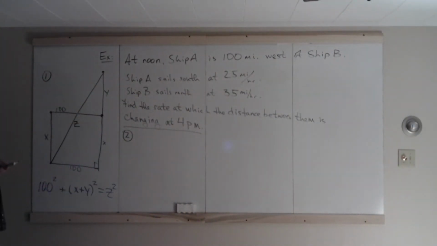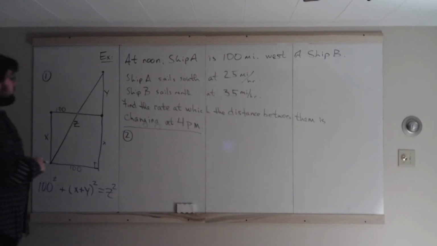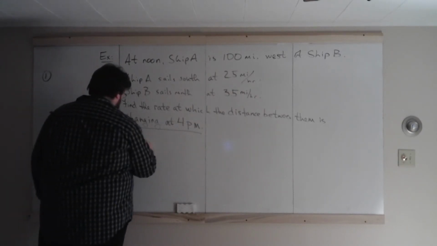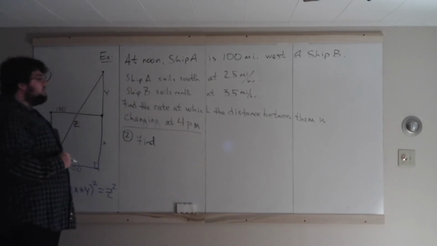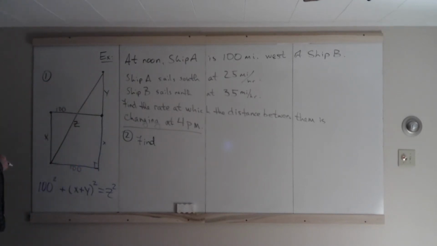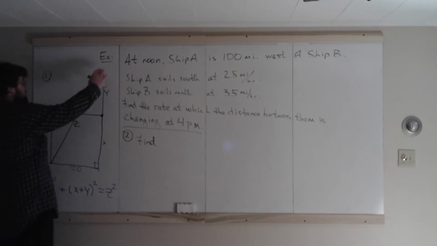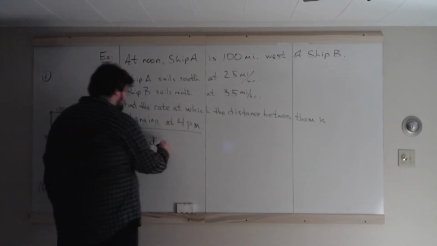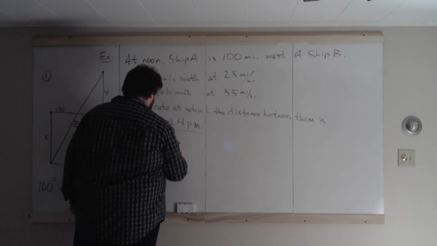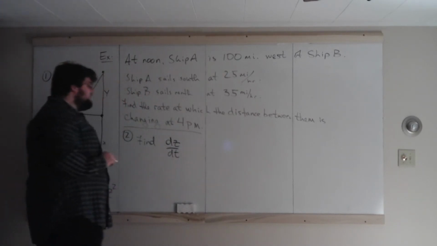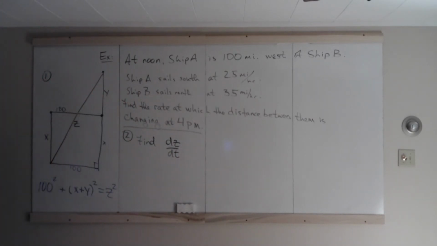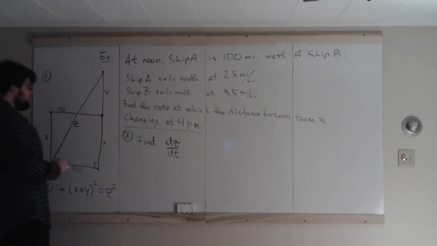Next, translate the question. Well, what do we want to find? Find the rate at which the distance between them is changing. What measures the distance between them? Z. So we want here dz dt. When do we want dz dt?